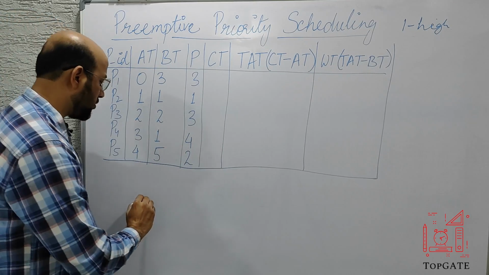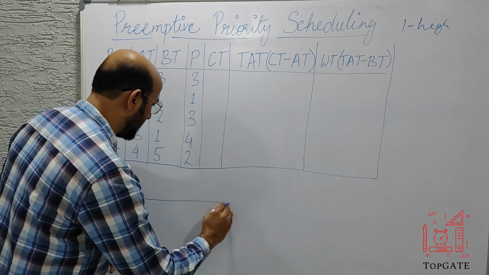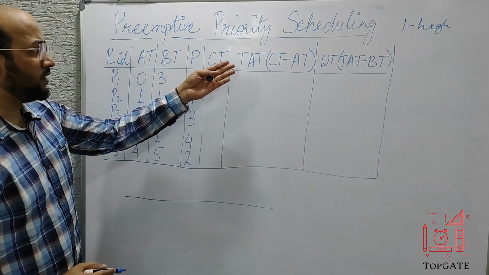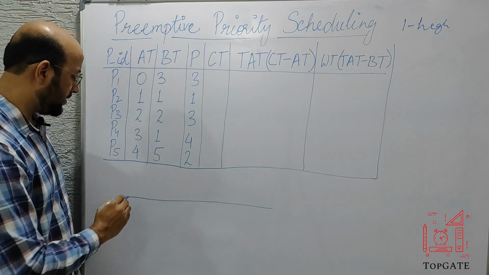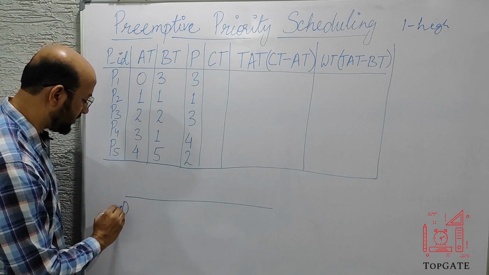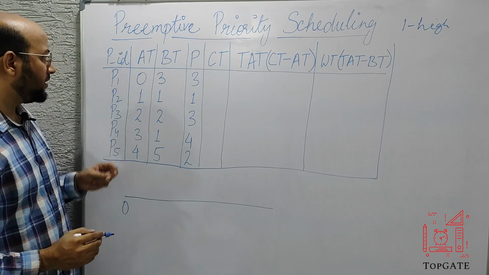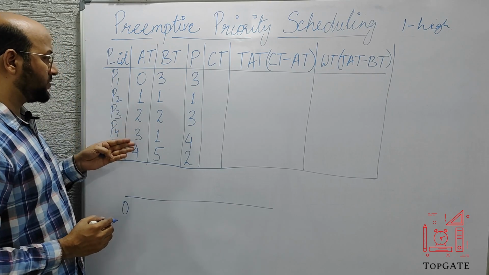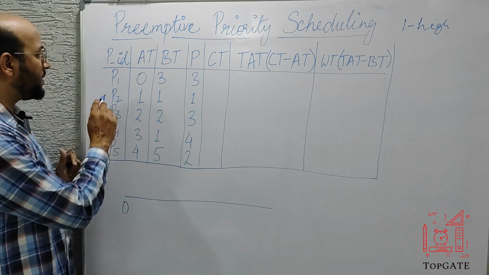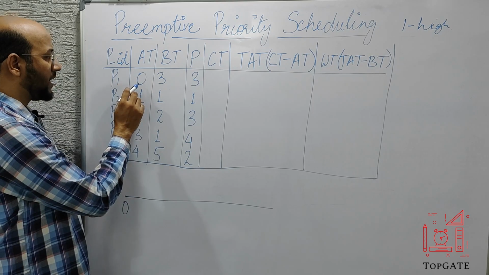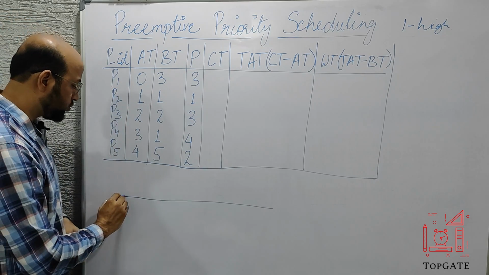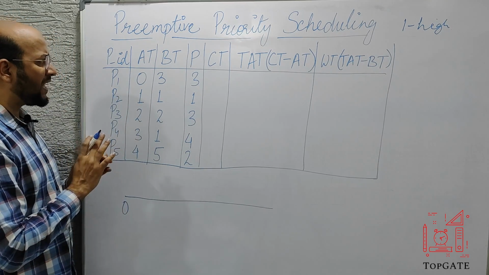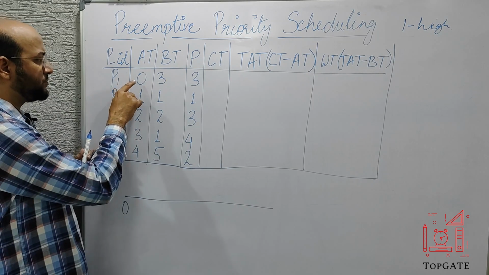So let's quickly draw the Gantt chart first, and then I'll find the turnaround time and the waiting time. Currently we are at time 0, and I'll see whether there is any process arriving in the RAM at time 0. Yes, P1 is arriving in the RAM at time 0. So at time 0, I don't have any other option. I only have P1.